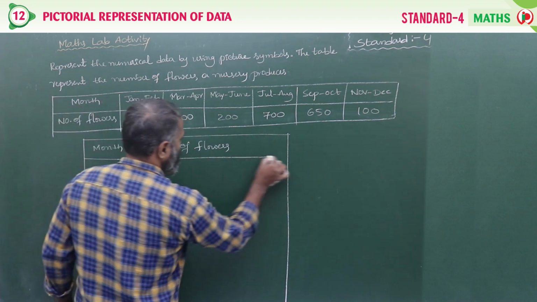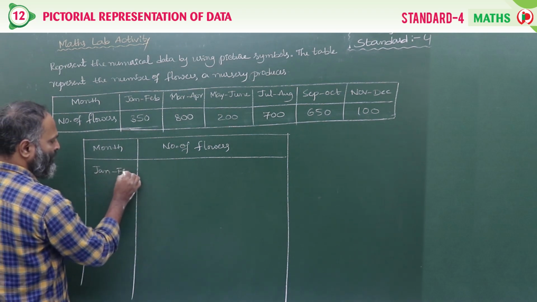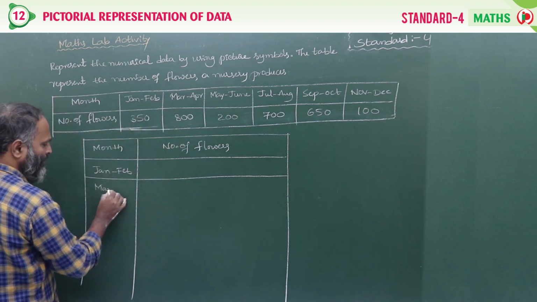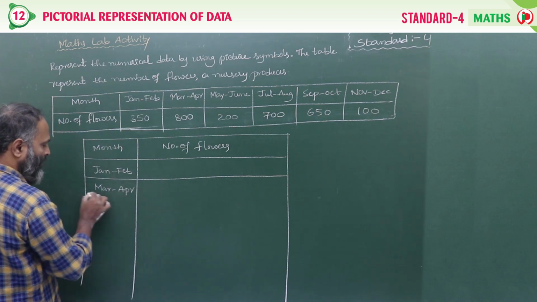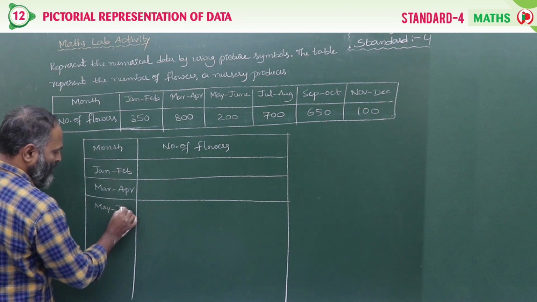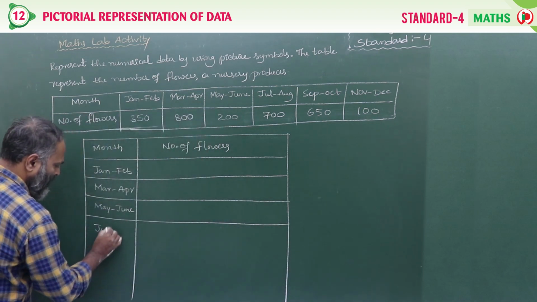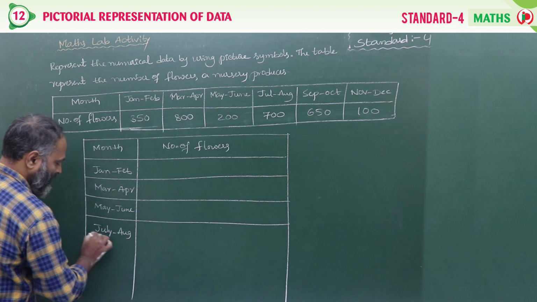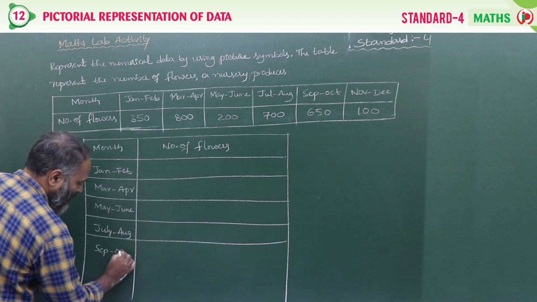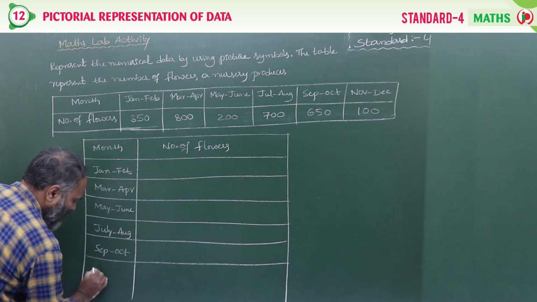Now the first one is the month of January and February, then the month of March and April, the month of May and June, July and August, September and October, November and December.